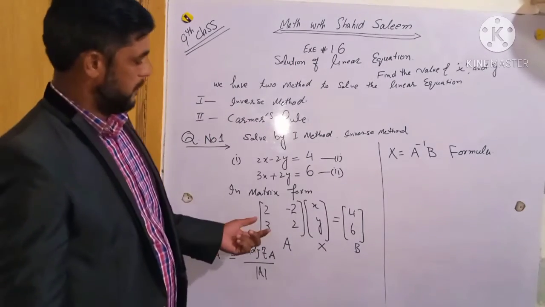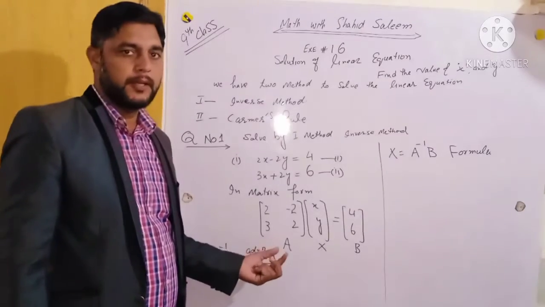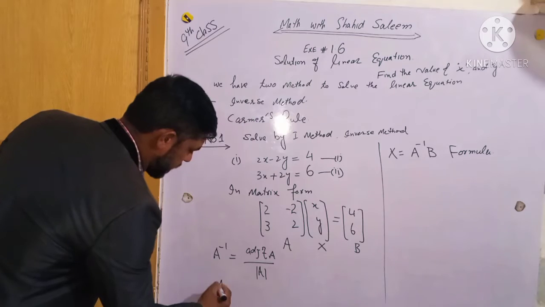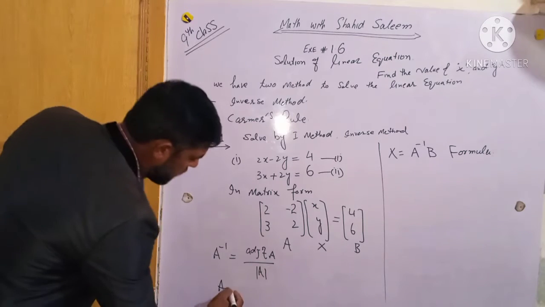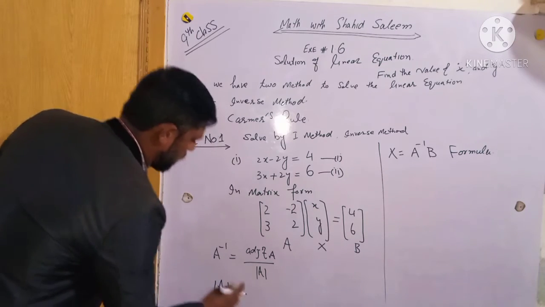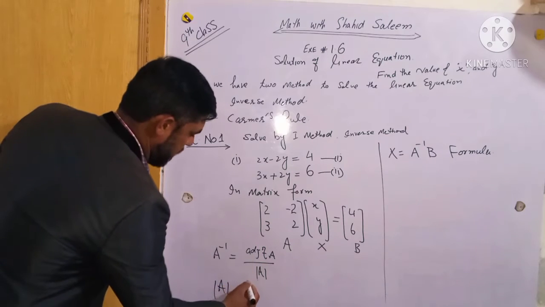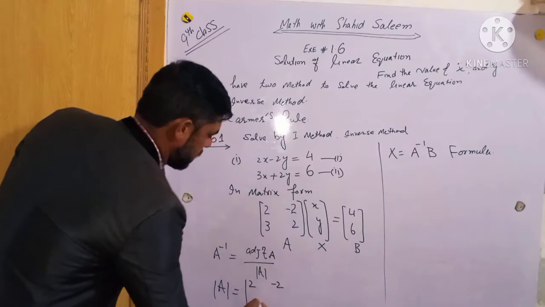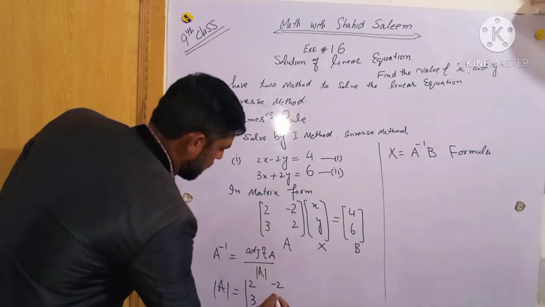In this question, first of all, we find the value of mod A. If it is non-singular, then we find the value of A inverse. Here mod A is the determinant with rows 2, minus 2 and 3, 2.